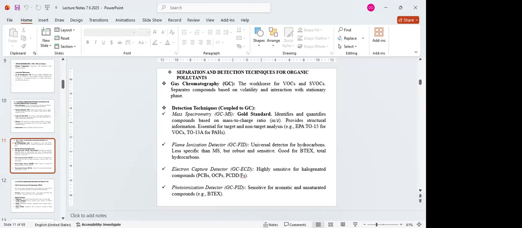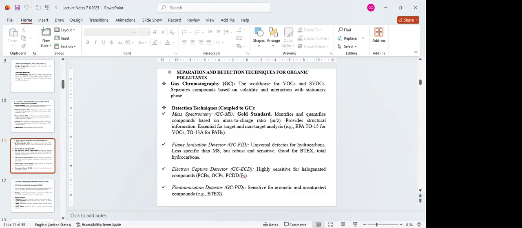And the GCMS has a two-pronged approach. One, the GC detects the presence of the material, that's the pollutant, and the MS detects the quantity of that pollutant. And it's, of course, a gold standard.